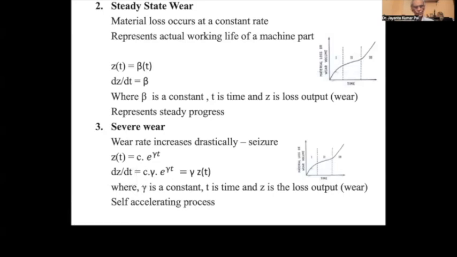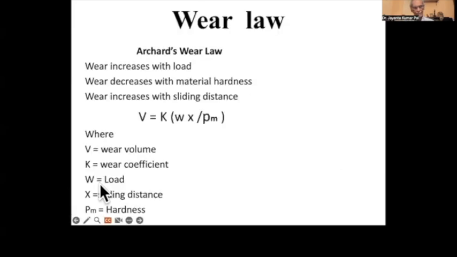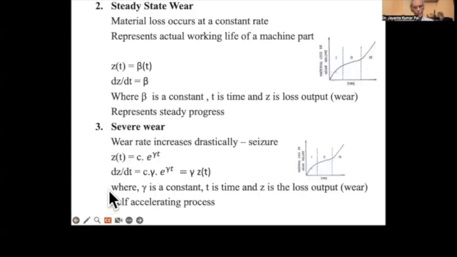Now c is a constant, and if we derive z with respect to t again, dz by dt becomes gamma times z. That means it's an accelerating process.